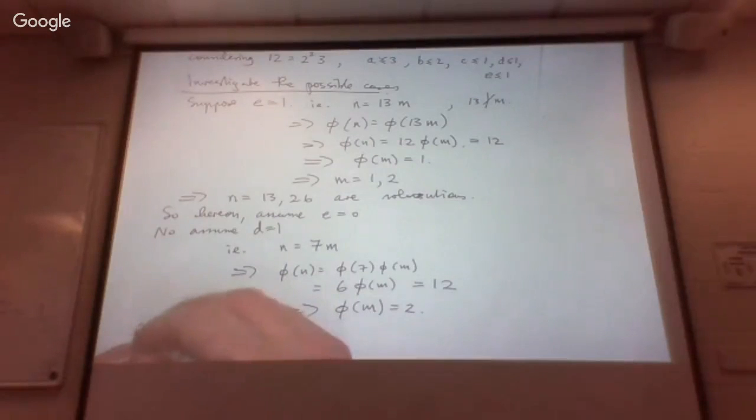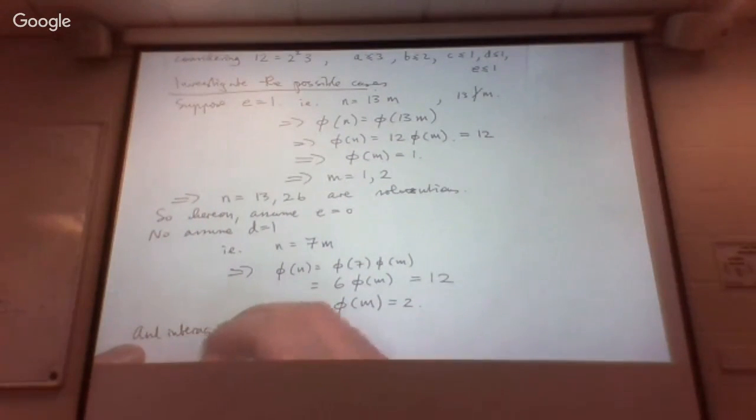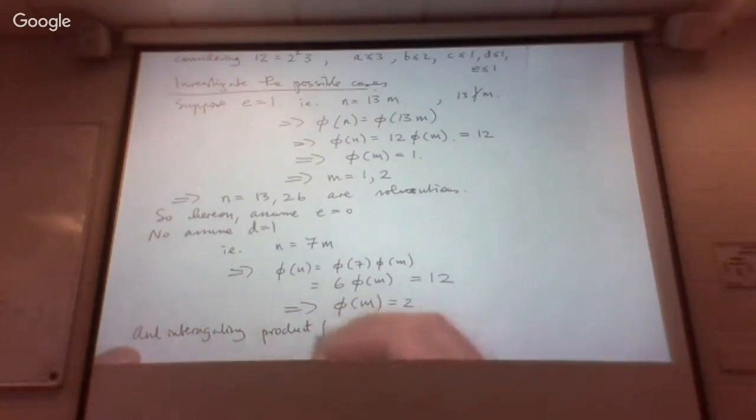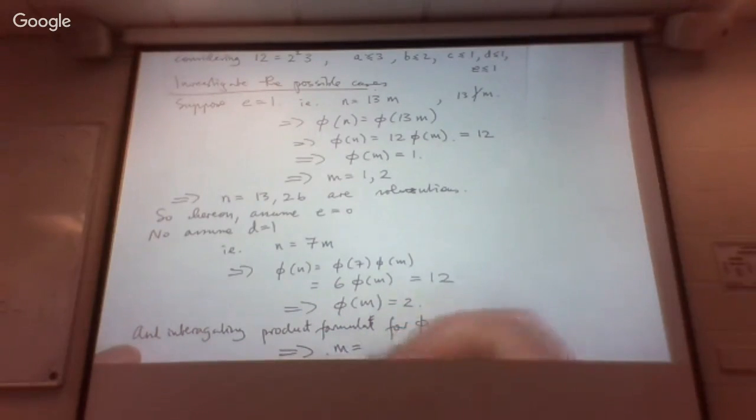And if you interrogate the product formula for phi, you'll see the only solutions to phi of m equals 2 are, well, there's a few of them, m equals 3, 4, and 6.